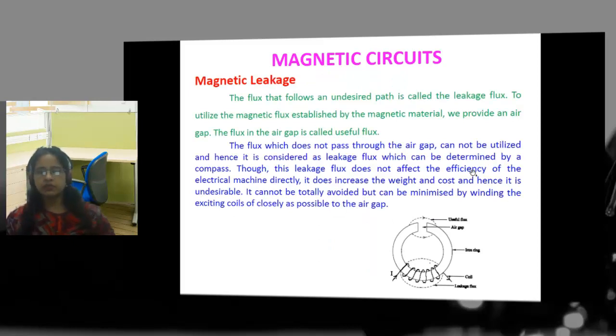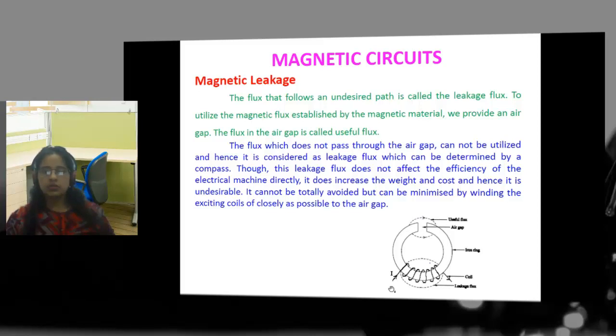Now magnetic leakage flux. What is leakage flux? See, this is an iron ring, but there is a gap. The flux that flows in an undesired path is called leakage flux. Due to this gap, this is the useful flux.